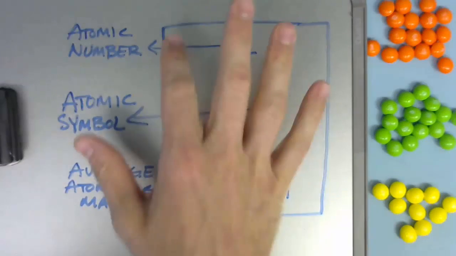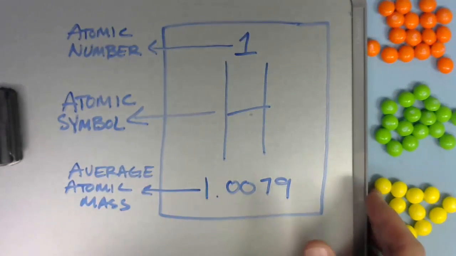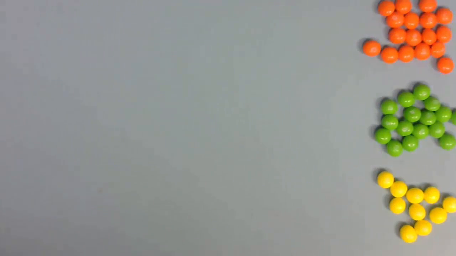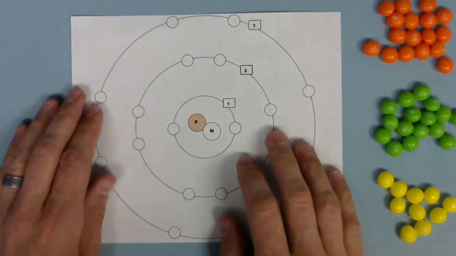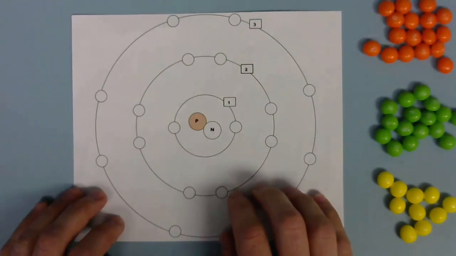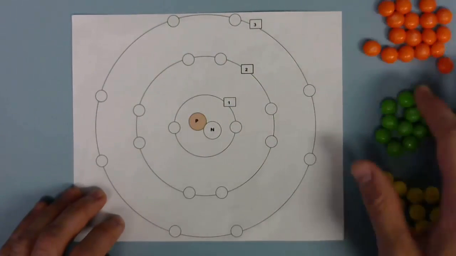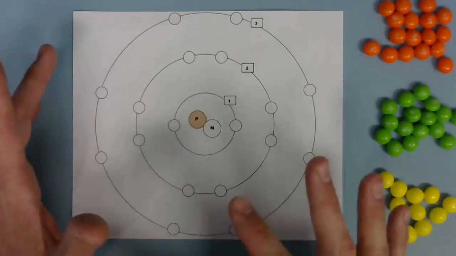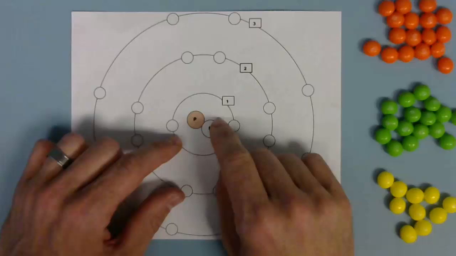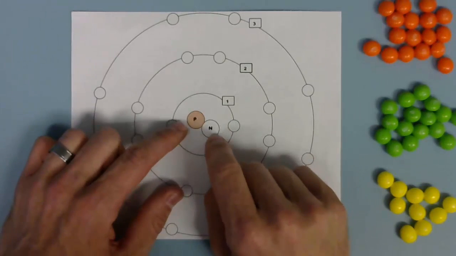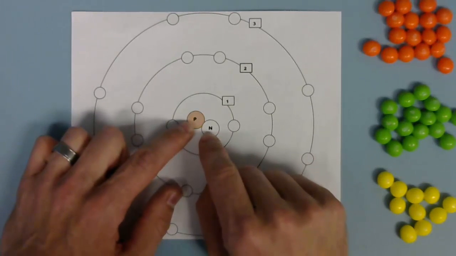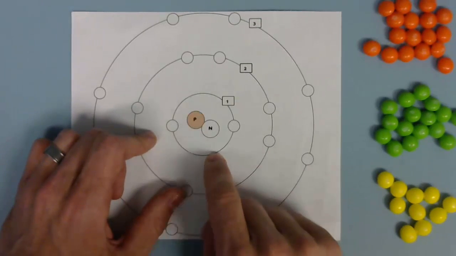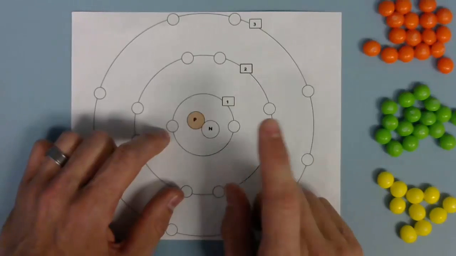Now, actually, with that information, you should be able to diagram what a hydrogen atom looks like. So go ahead, get out your orbital diagram or atomic diagram, and using these subatomic particles, make a representation of a hydrogen atom. Remember, the protons and the neutrons go in this center portion called the nucleus, and the electrons go in these orbitals which go around the nucleus.